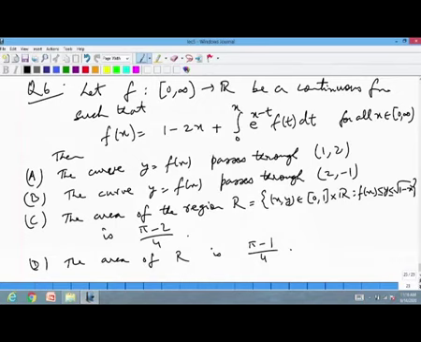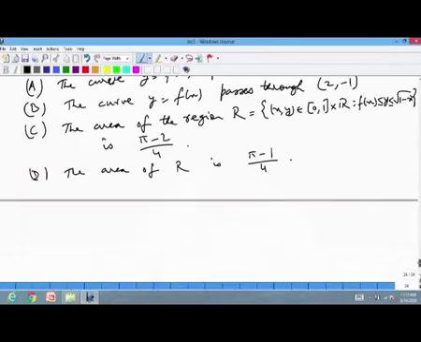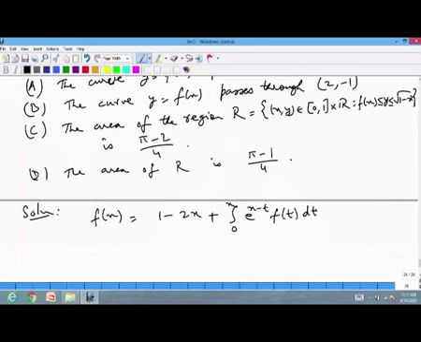So, in this case we are given a function f which satisfies this given equation. Here if we see, we do not have a differential equation. So, what we are given is f(x) is equal to 1 minus 2x plus the integral from 0 to x of e to the power x minus t f(t) dt.